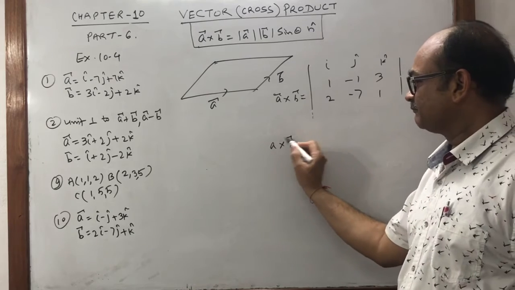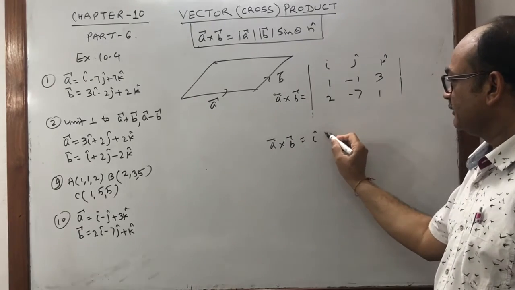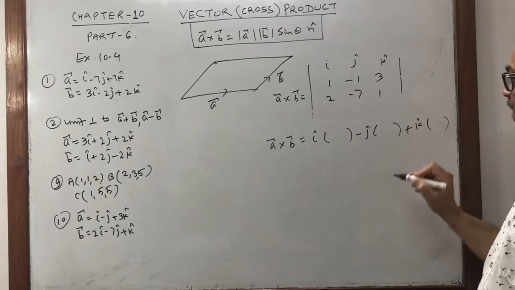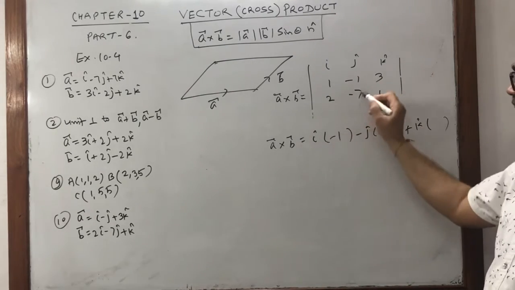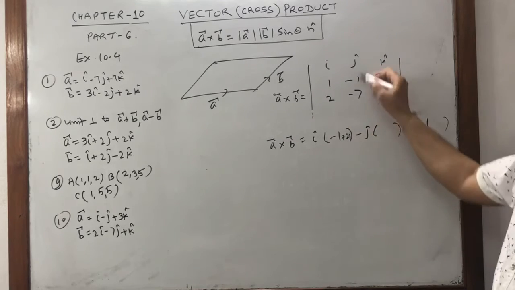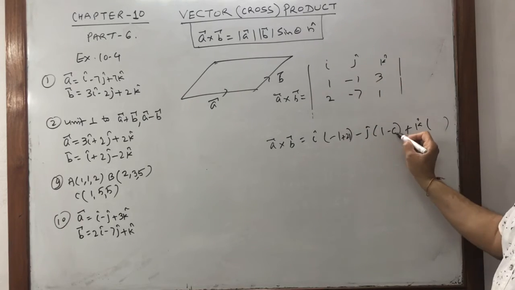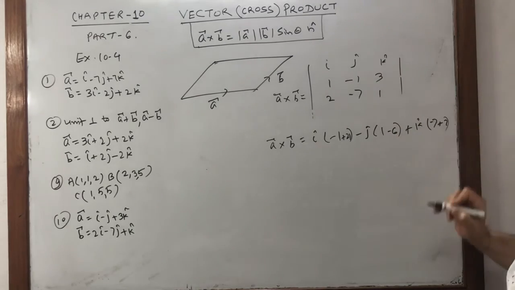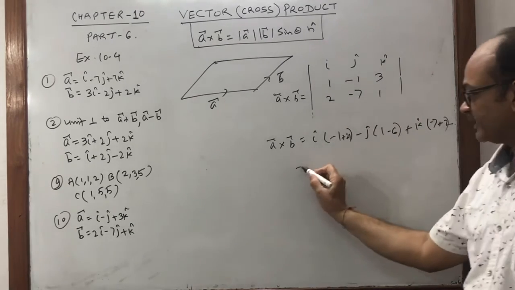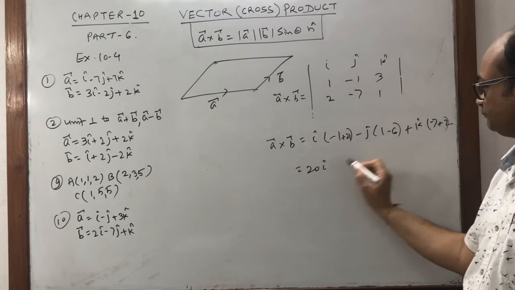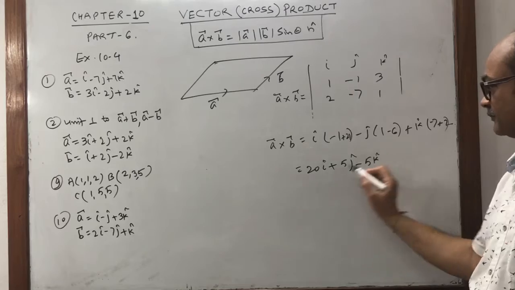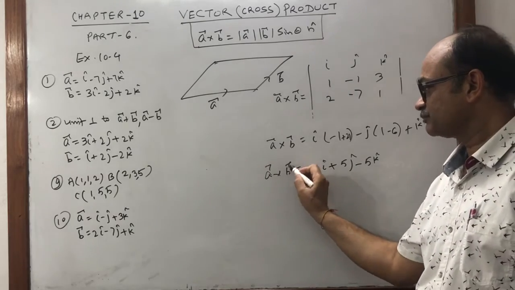A cross B equals I minus j plus k. So minus 1 plus 21, 1 minus 6, minus 7 plus 2. So finally what we are getting is 20i, 5j and 5k as the value of A cross B.